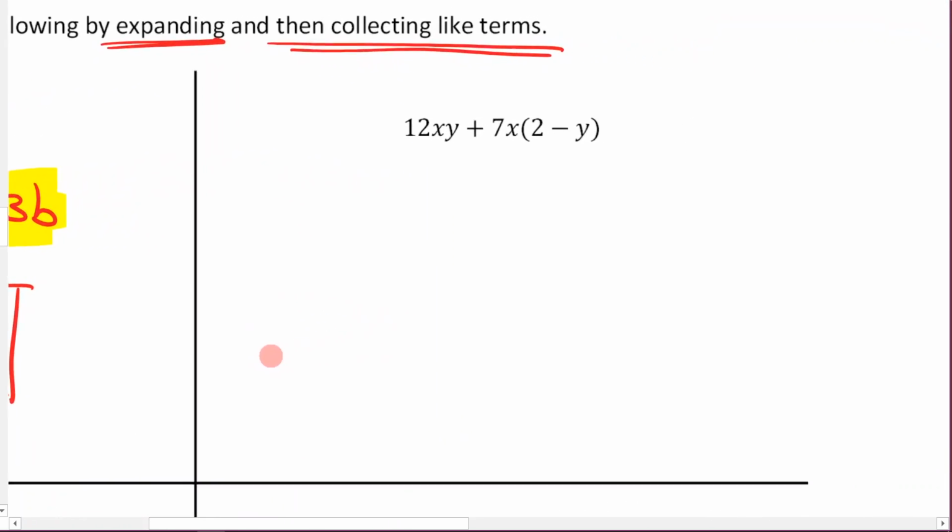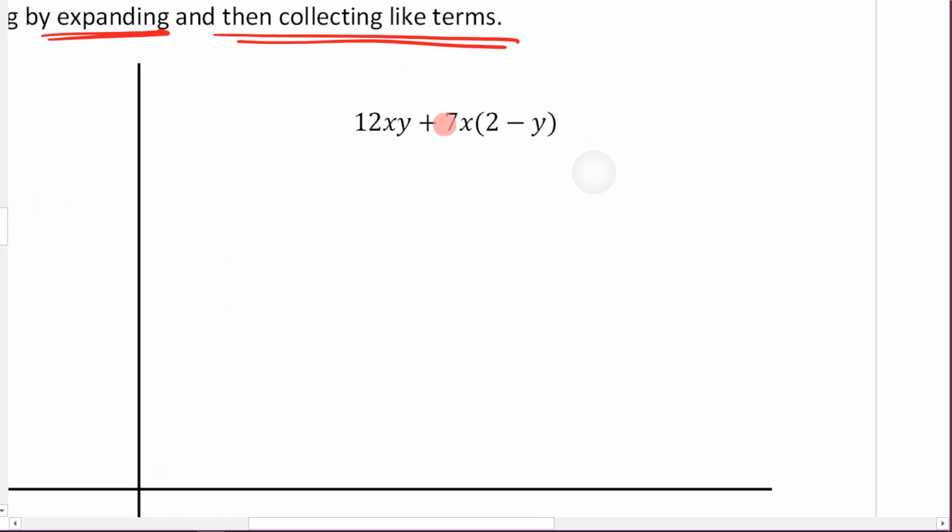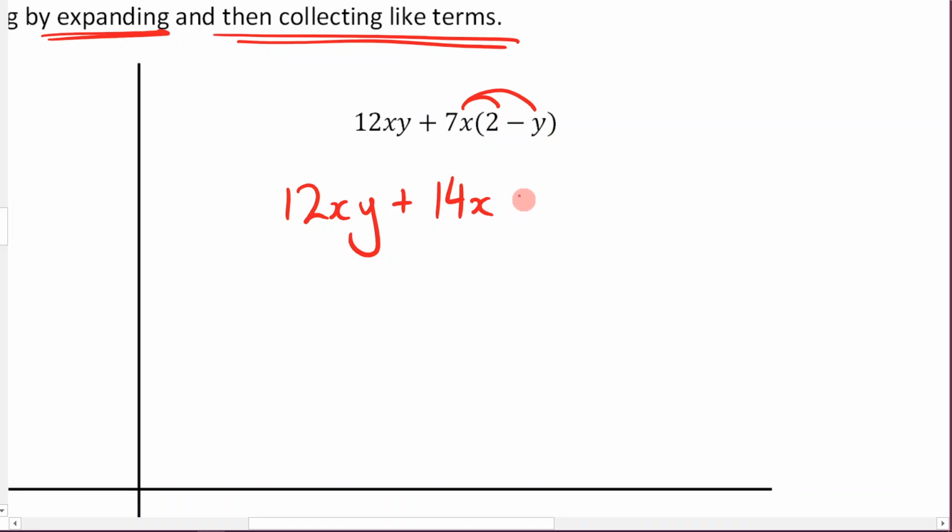So let's now move on to the next question here. So again, I'm going to expand this out. Here I've got 12xy plus 7x times 2, which is going to be 14x. 7x times negative y is going to be negative 7xy.